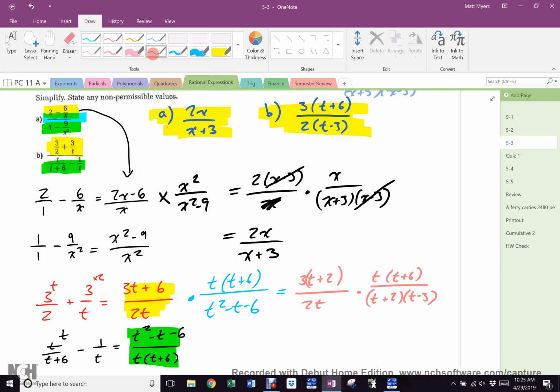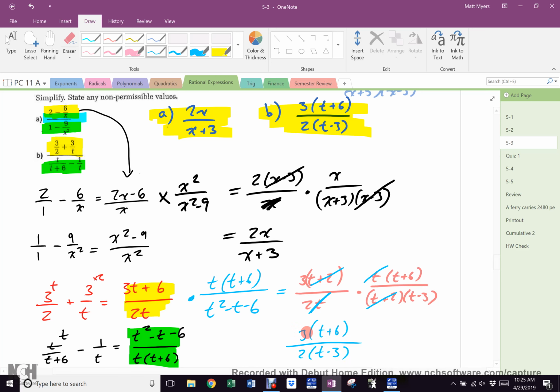What's going? t plus 2. What else is going? t and t. What's left? 3t plus 6 over 2t minus 3. 3 and 2 do not simplify.